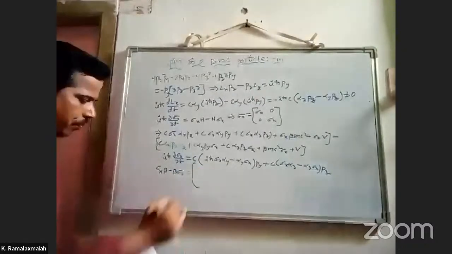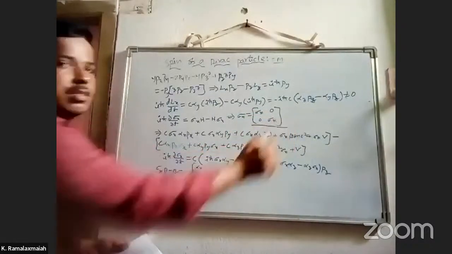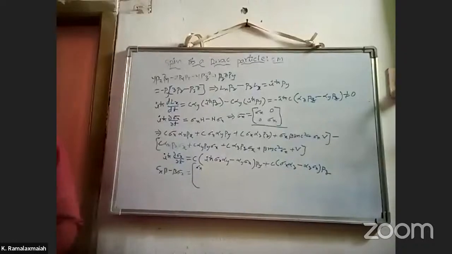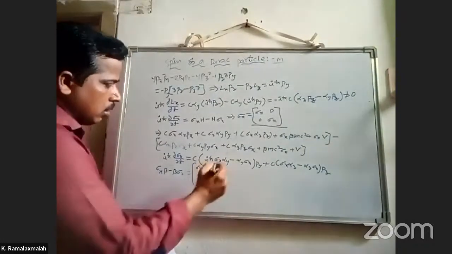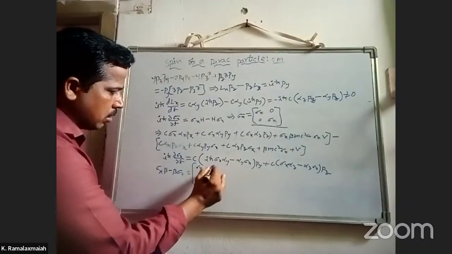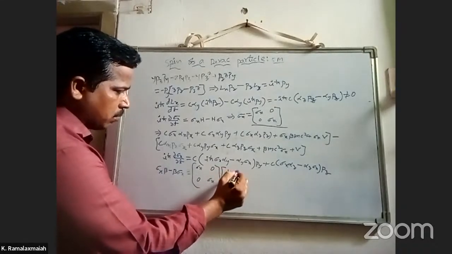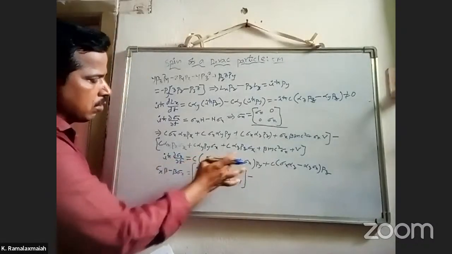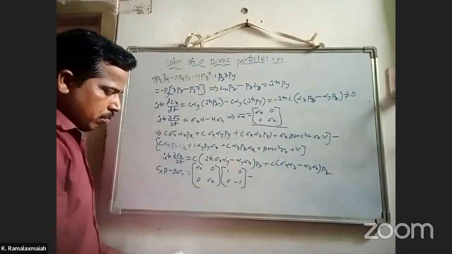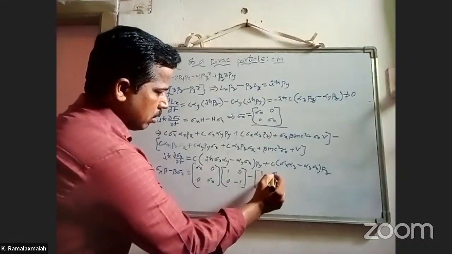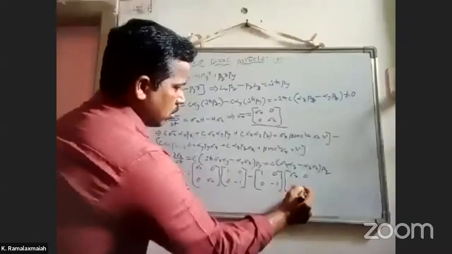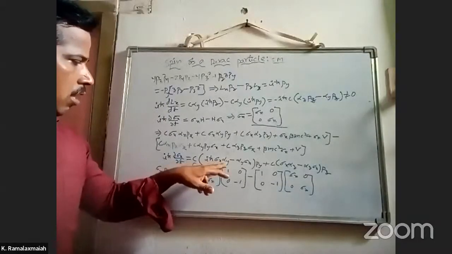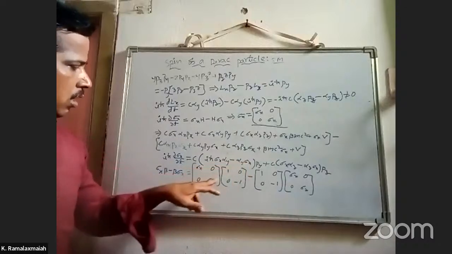This is your matrix method: σx 0, 0 σx, into the matrix 1 0, 0 minus 1, minus 1 0, 0 minus 1 into σx 0, 0 σx. Here iħ times (σx αy minus αy σx), this is also the commutative formula.